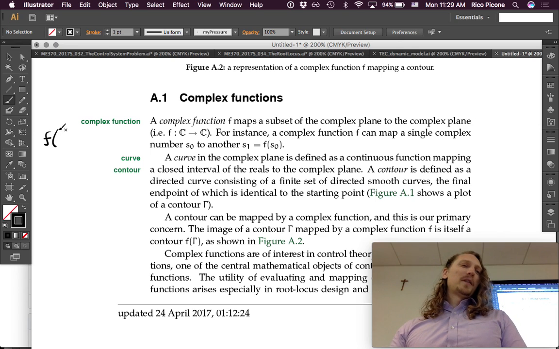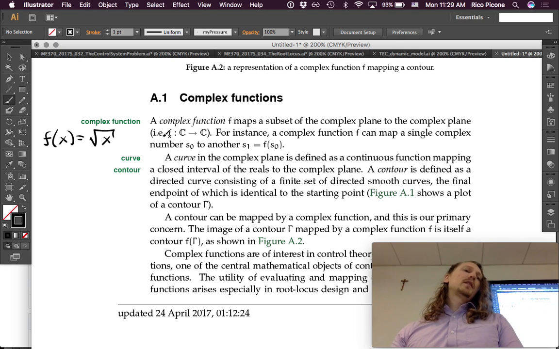So what about the function f of x equals the square root of x? Maybe x always has to be real. Maybe we define f to be a function that only accepts real numbers here.